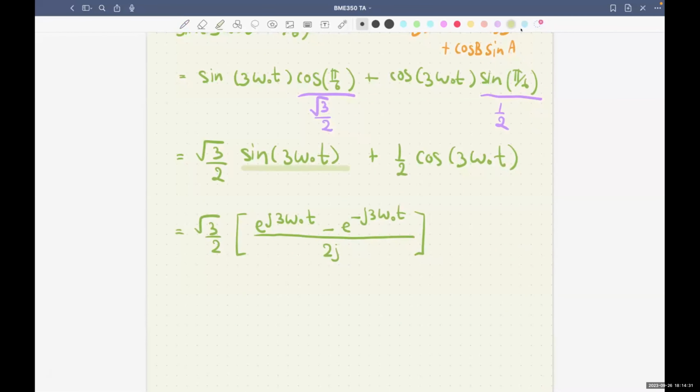Now looking at the second term here, we're gonna put that in Euler form as well. So for this second term, we will have 1/2 plus 1/2 of e to the power of j 3 omega naught t plus e to the power of negative j 3 omega naught t over 2.